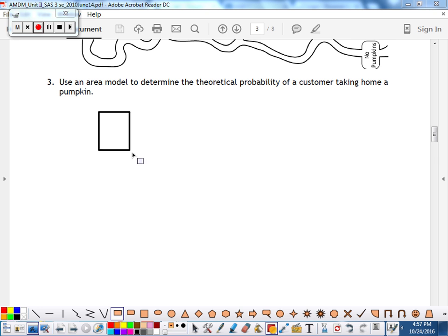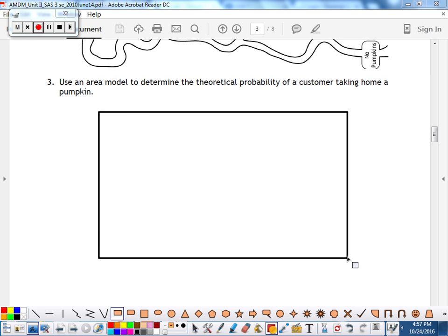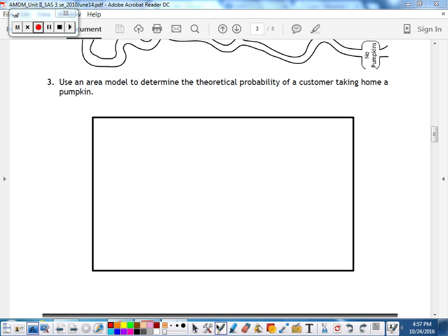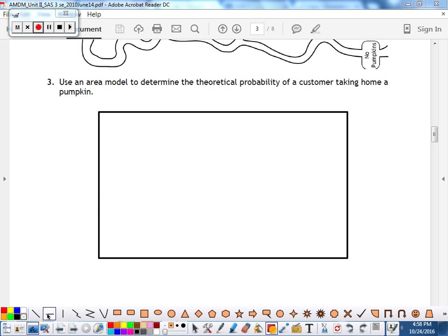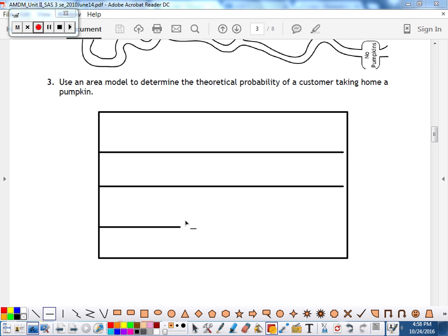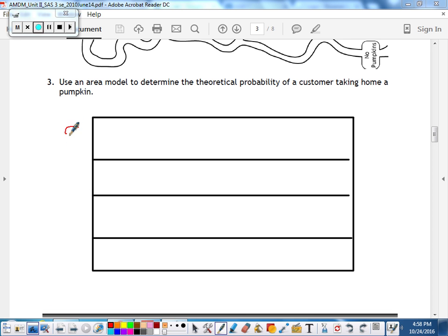So you have your area model and you have 4 original paths. So I'm going to divide it into 4 pieces. And then the first one has 5, and then we said 5, 6, and 3.